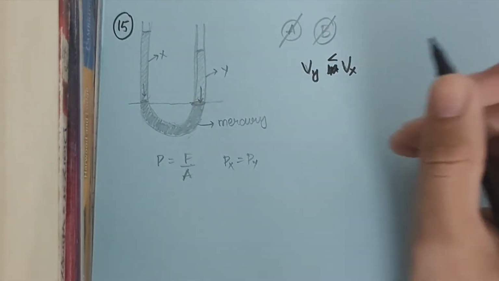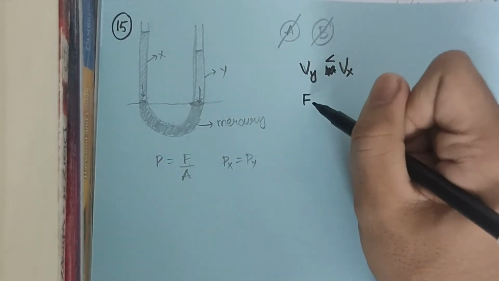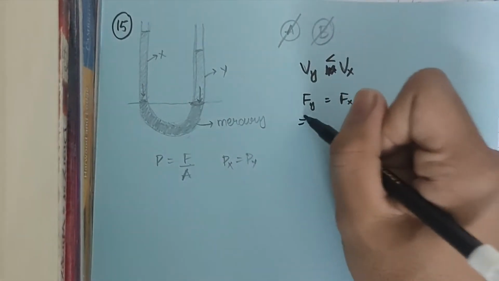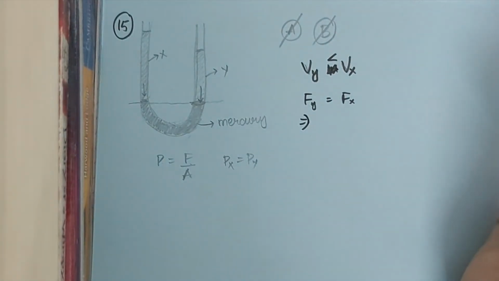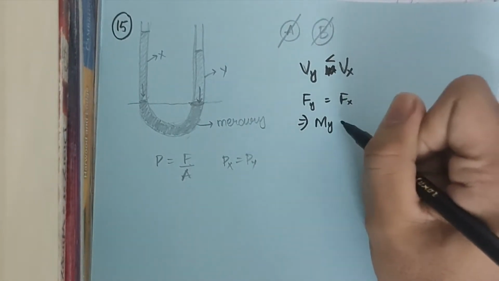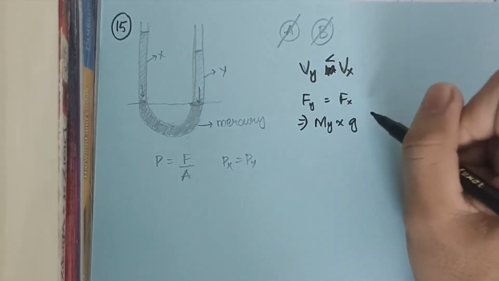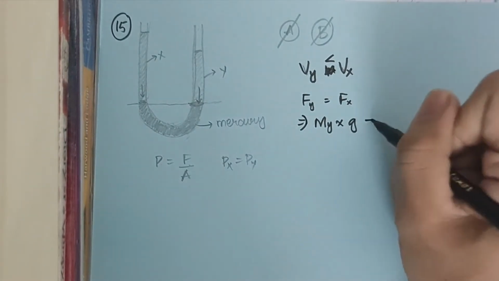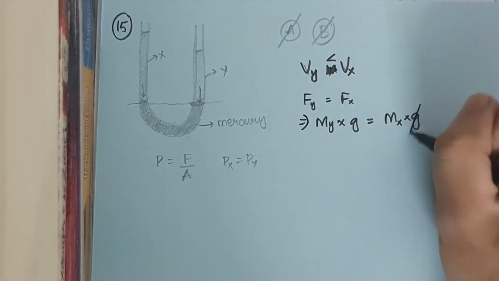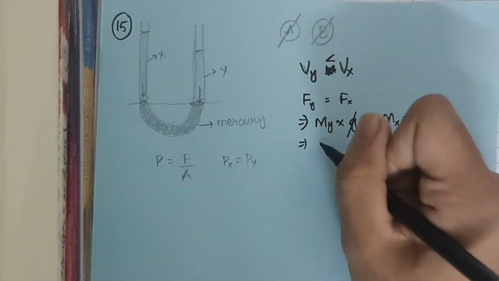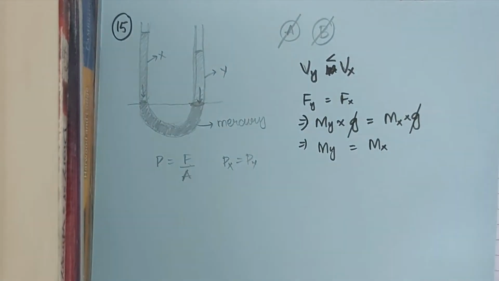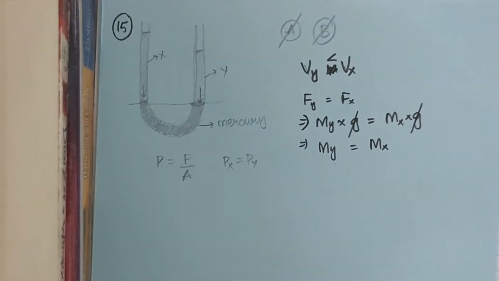We know very well that the force they apply is same. So Fy equals Fx. Now let's use F equals ma. So this will become m, which represents mass of y, multiplied by g, acceleration due to gravity, equals mx multiplied by g. Both the g's cancel and we can see that mass of y is equal to mass of x for sure.